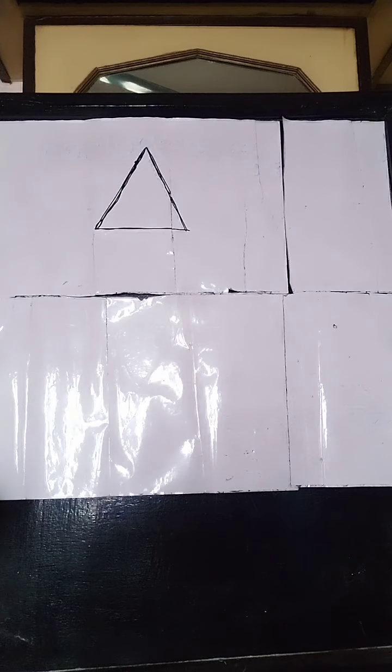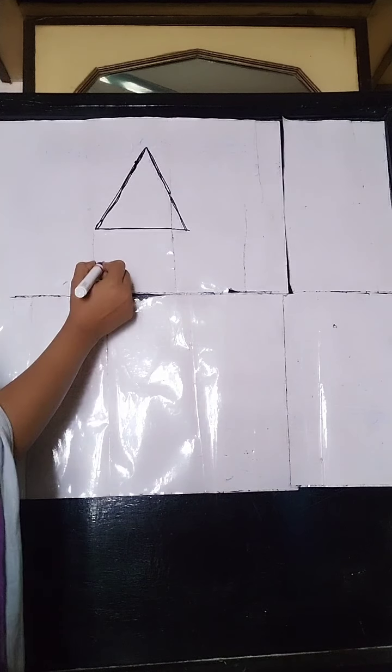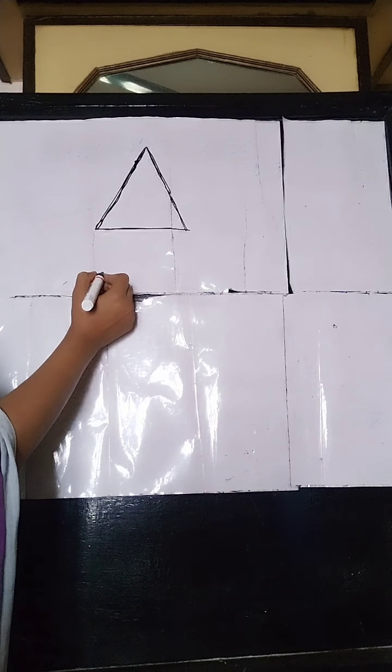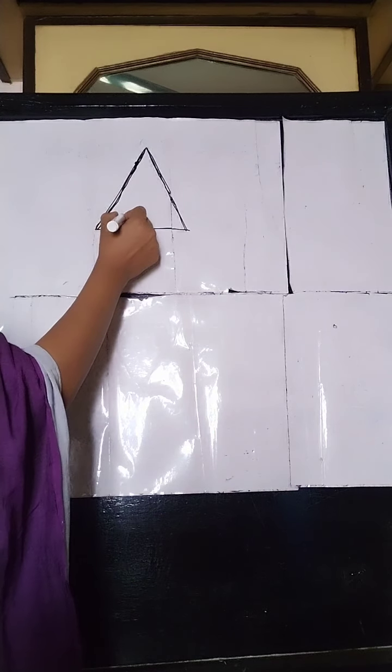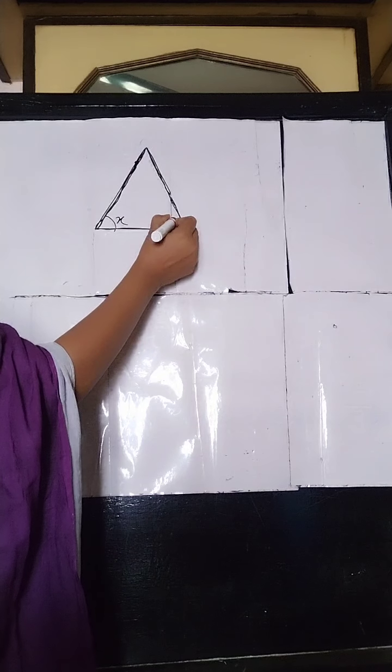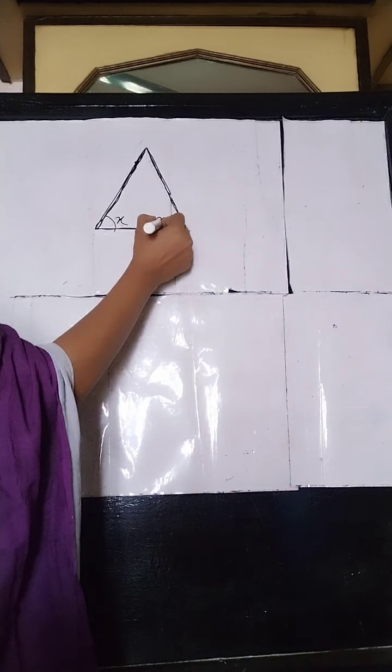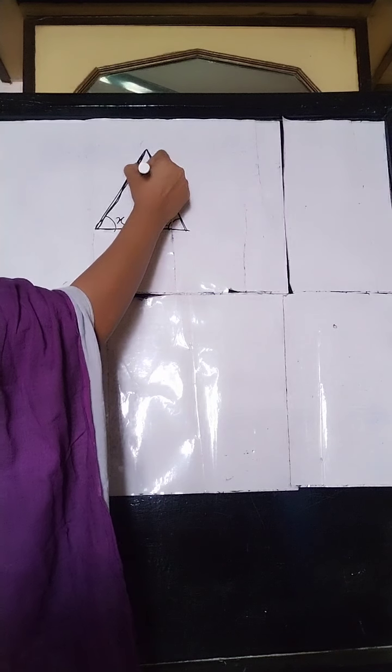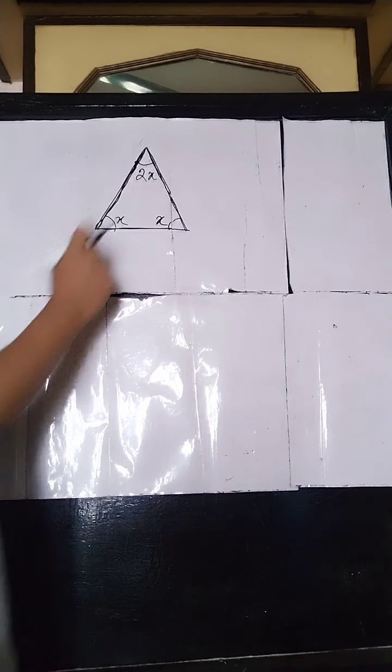Now, the value of these angles are given. Suppose it is given x, this is given x, and this is given 2x. You are required to find out the value of all the angles.